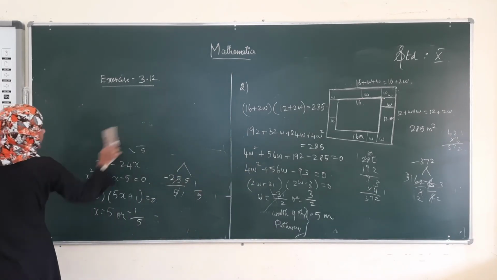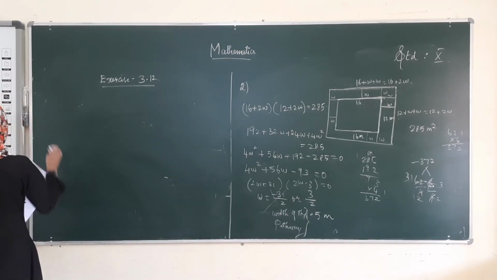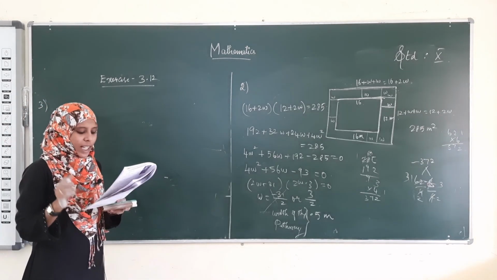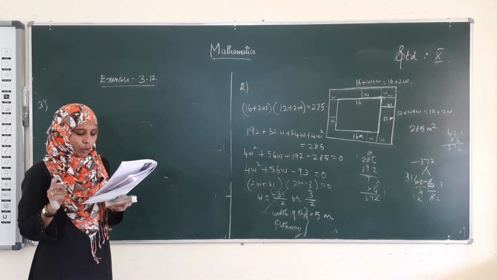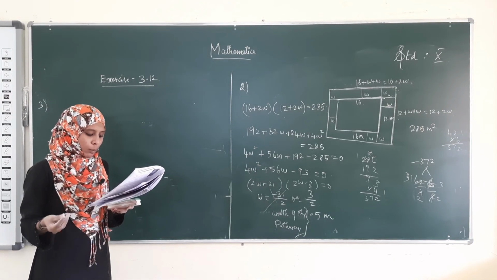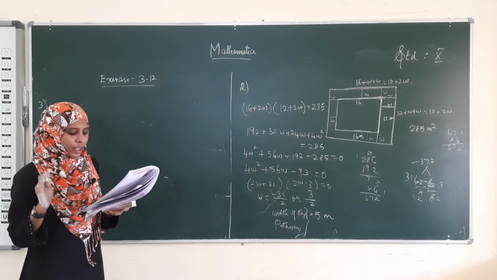Now the third sum. See, what's the third sum? A bus covers a distance of 90 km at a uniform speed. Had the speed been 15 km per hour more, it would have taken 30 minutes less for the journey. Find the original speed.